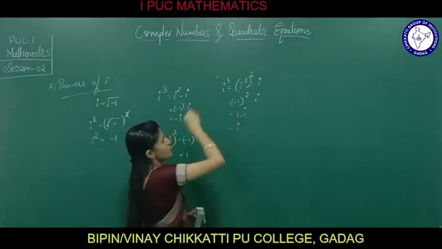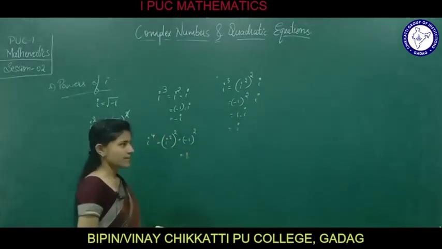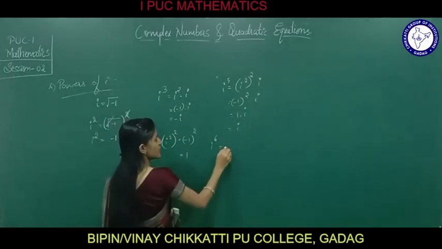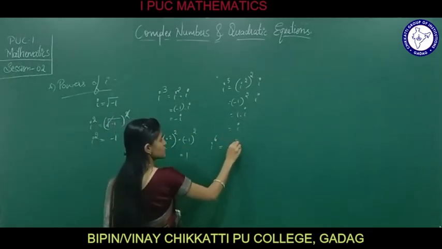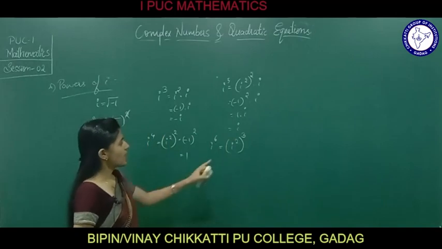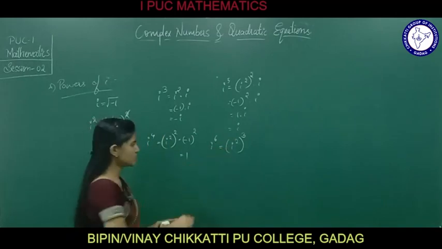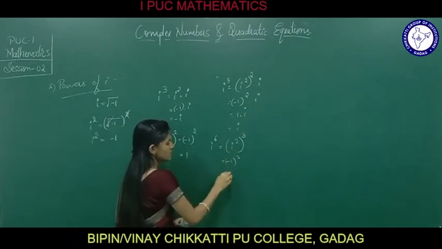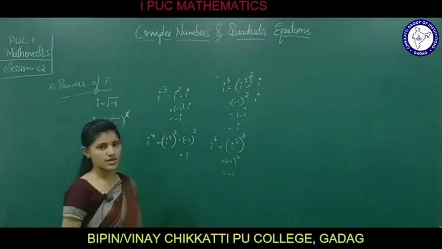We got the value of i raised to 5 as i. What about i raised to 6? We are going to get it as (i raised to 2) whole raised to 3, that is 2 3s are 6. (i raised to 2) whole raised to 3, that is (-1) cube, which is equal to -1.